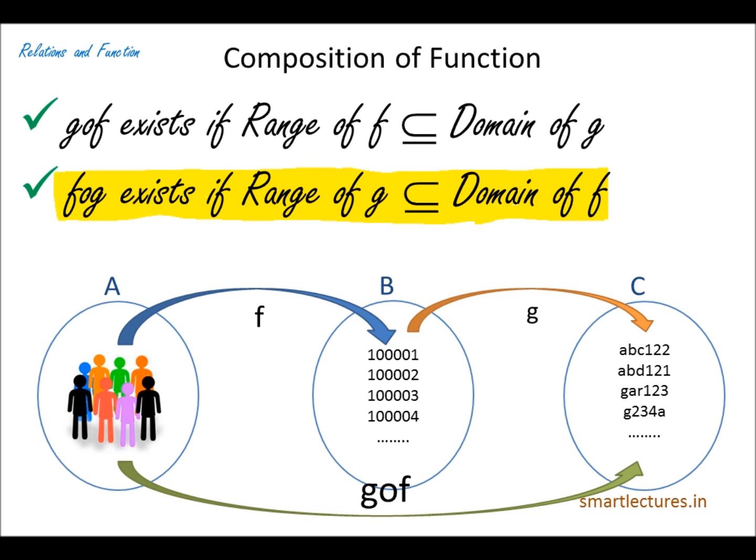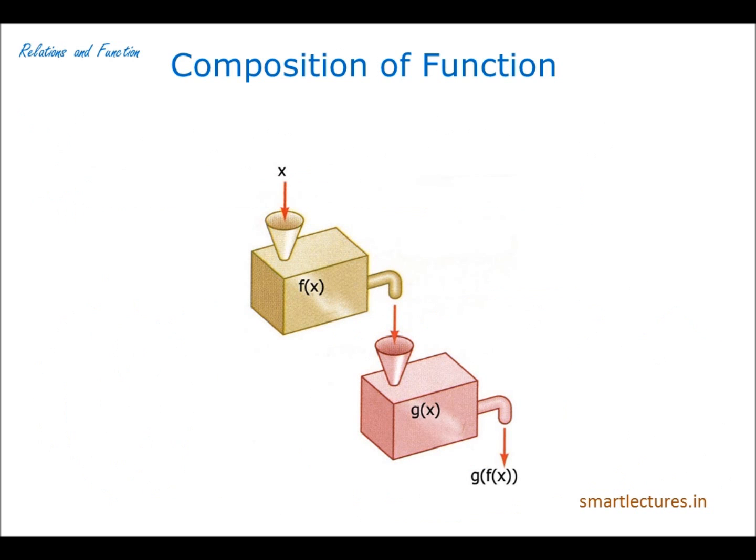Now, I will explain the composition of function with the help of an illustration. You can see in the picture there are two machines, f of x and g of x. The machine f of x receives the input x, and after processing this value x with the help of function f of x, it generates an output f of x.